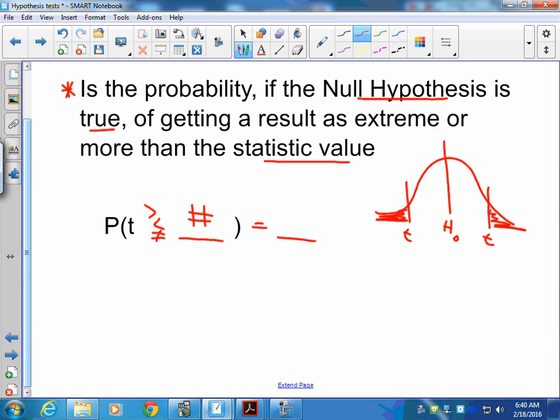You actually want to type in something a lot simpler, which is just our basic probability statement. And if we're getting a probability that's very small, that's why we reject. The chance of this happening is so small that we can assume that the null hypothesis is not true, and we reject that value.